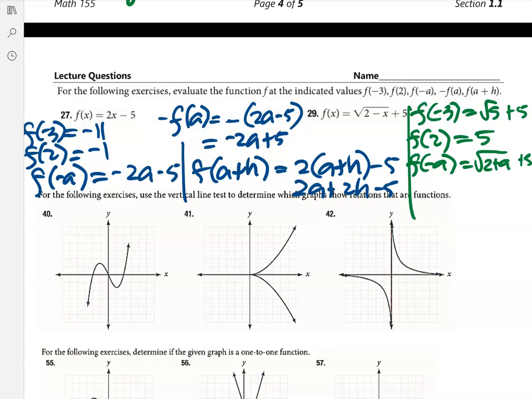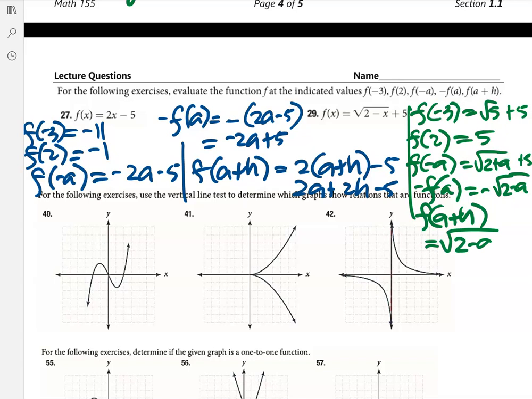And then negative f of a is just the negative of this, so negative of the square root of 2 minus a. And the last one, f of a plus h, I'm going to write it down here. So plug that in for x: square root of 2 minus a plus h, then plus 5.